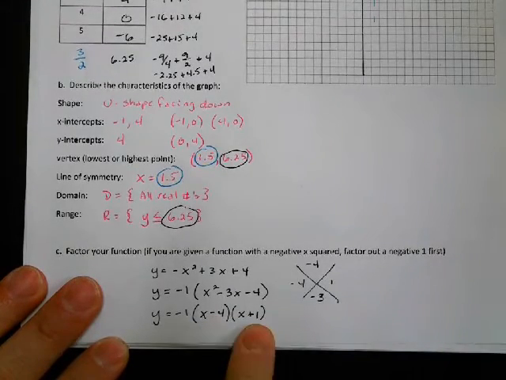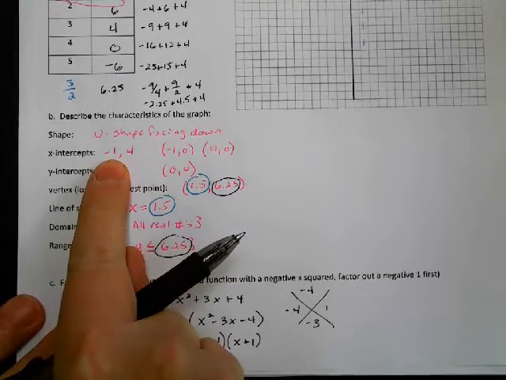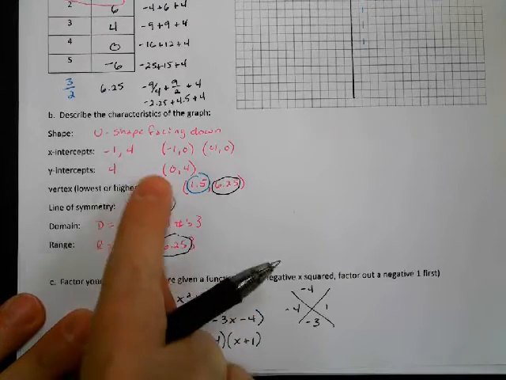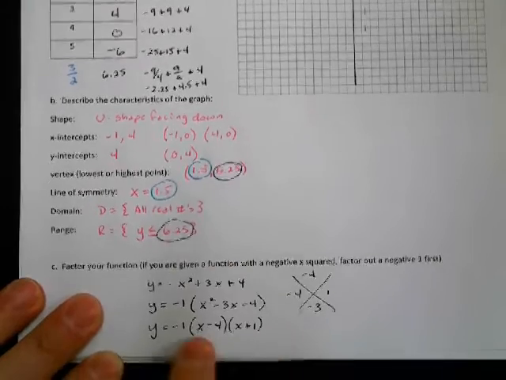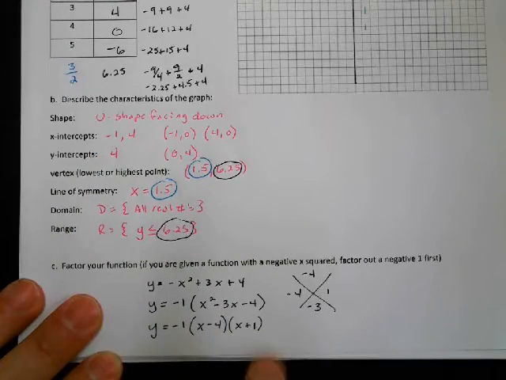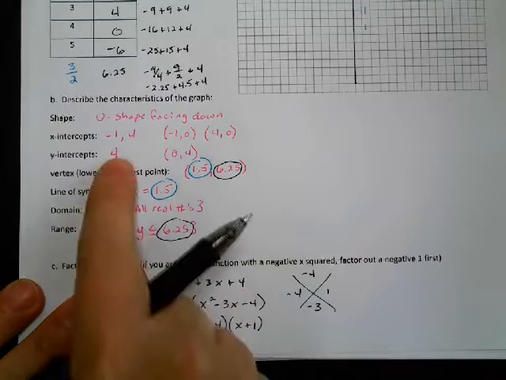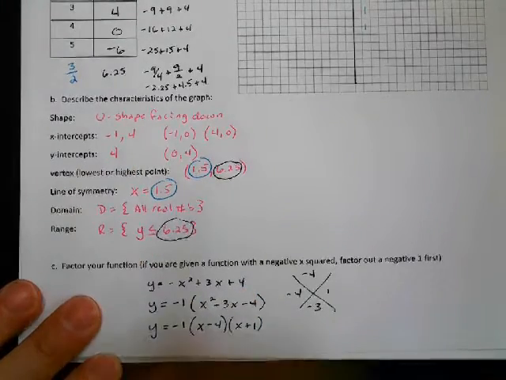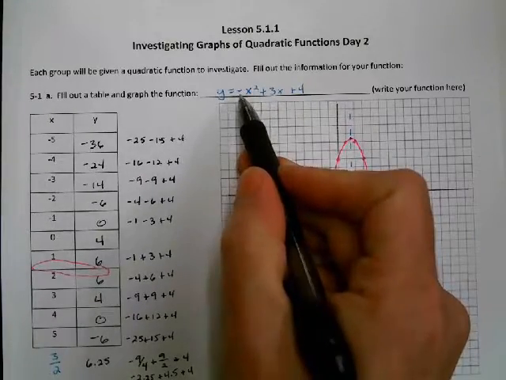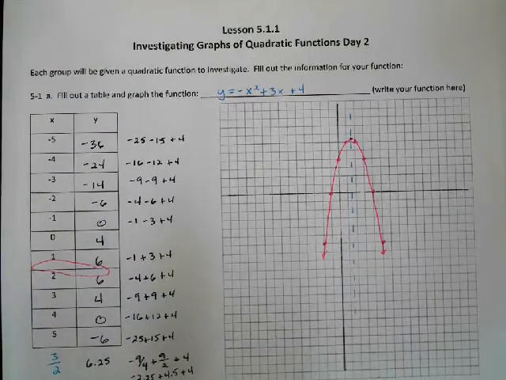And also this number right here is my y-intercept. So the opposite of these factored numbers is our x-intercept, and then this value, we call it the c value, is my y-intercept there. So what I notice is that if I have a negative x squared, we've got a parabola that faces down. If I have a positive x squared, we're going to get a parabola that faces up instead.